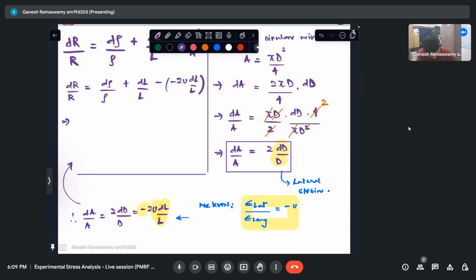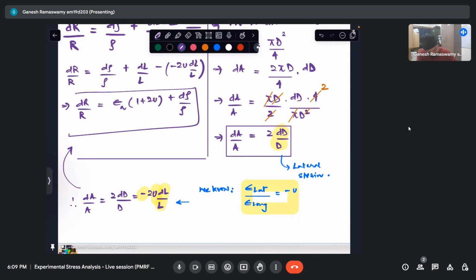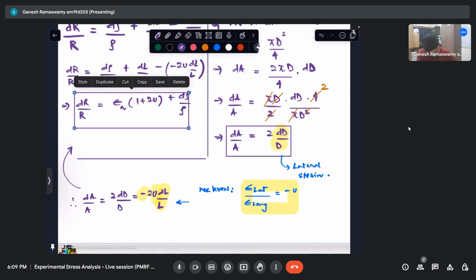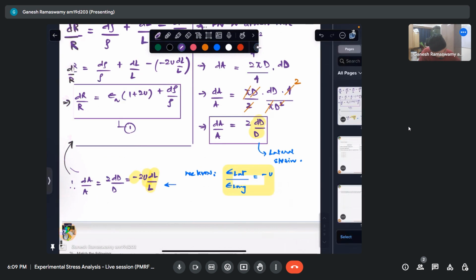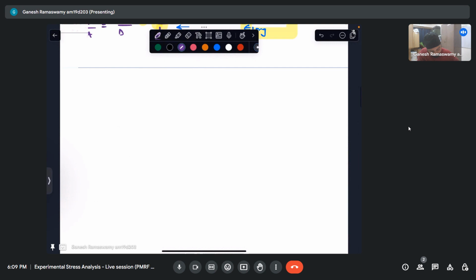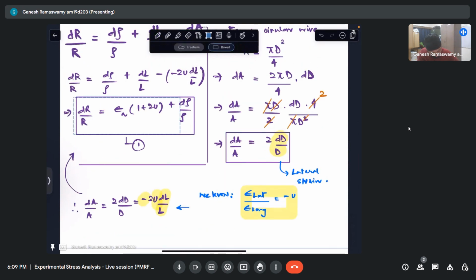So dr by r is dl by l, which I can represent as the axial strain, into 1 plus 2 mu, plus d rho by rho. Let us call this equation number 1. Now let me work upon this equation by simplifying things a little bit.